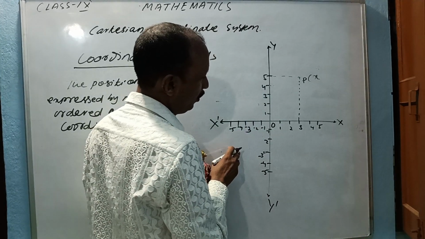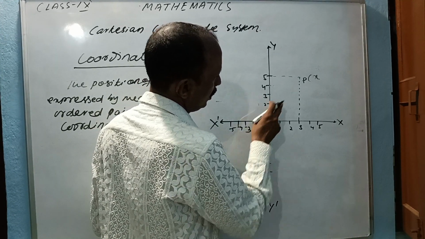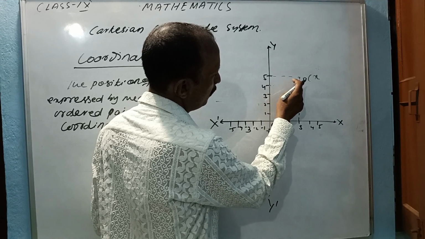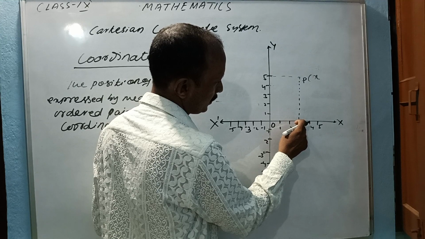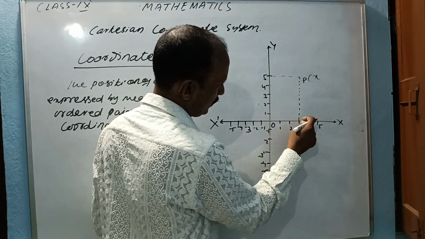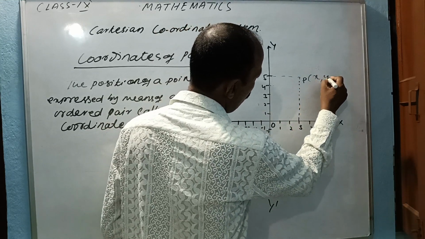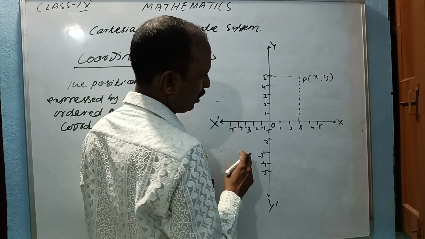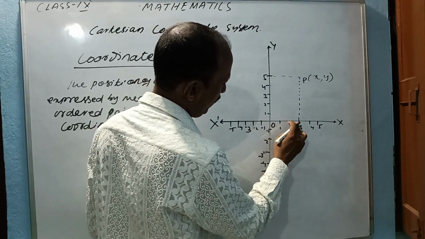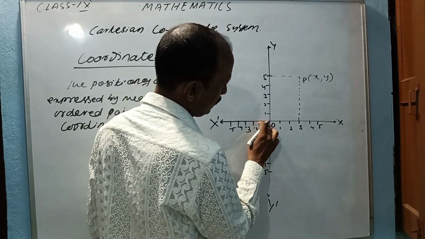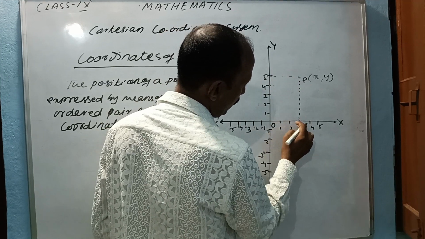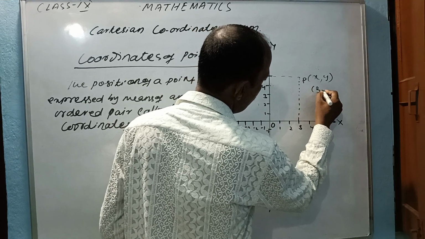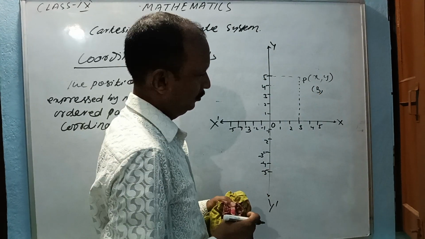The perpendicular distance of the point P from x-axis along the y-axis is called y coordinate. Here I can say the perpendicular distance from y-axis to the point P means 3. This is the x coordinate.